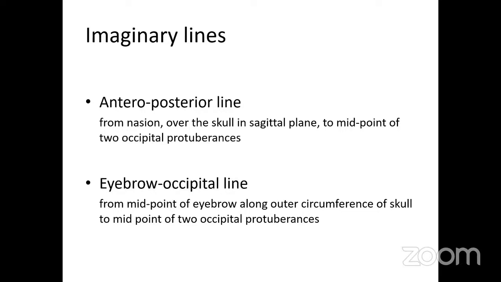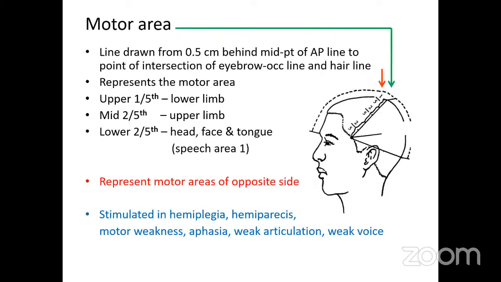Another line is the eyebrow-occipital line. That means from the midpoint of the eyebrows it goes laterally along your head to end at the midpoint between the two occipital protuberances or tubercles. Now everything is in relation to these two lines and how they intersect. The first point is the midpoint of the AP line, and then 0.5 centimeter behind it.